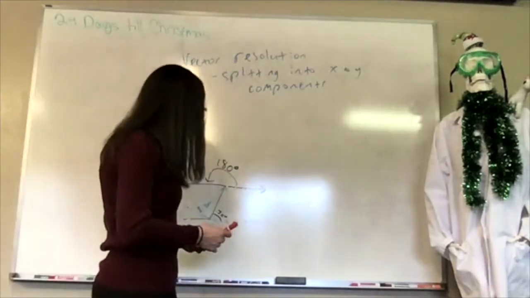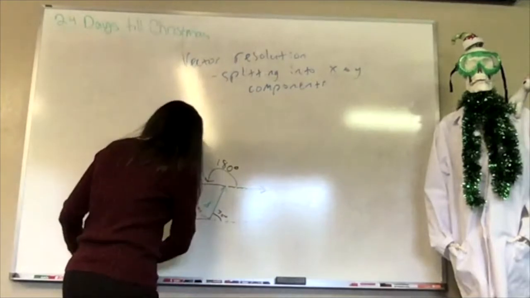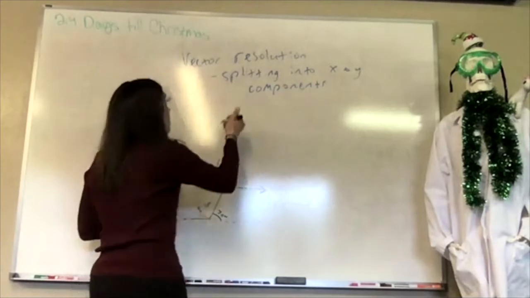I'll fix it later. Okay, so what we would need to do is do the magnitude times sine and cosine of each vector.